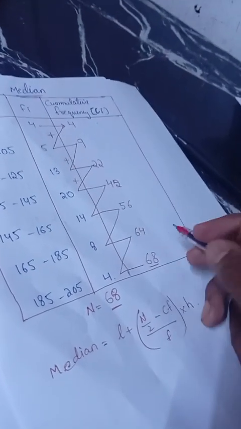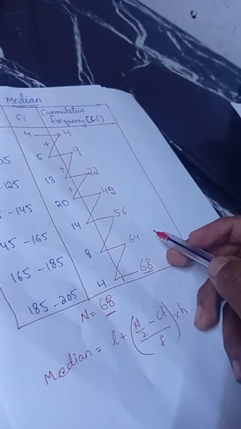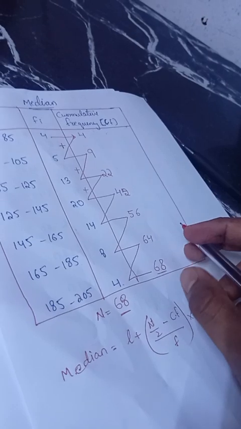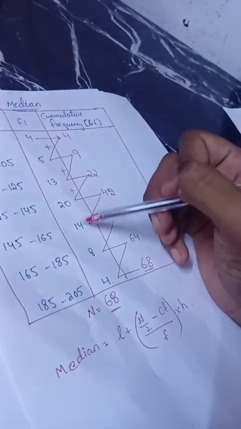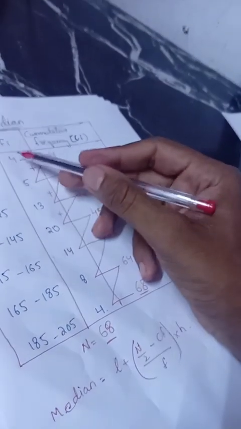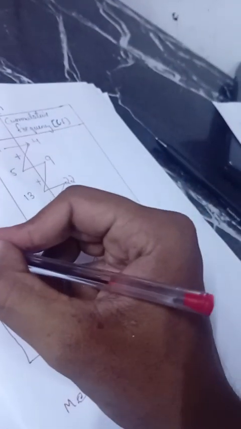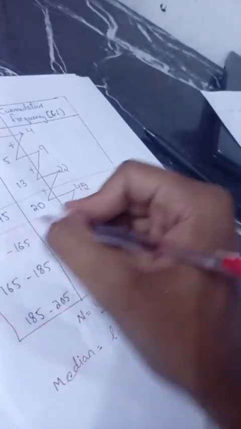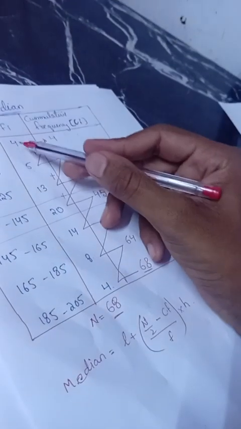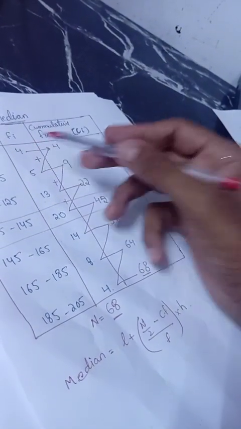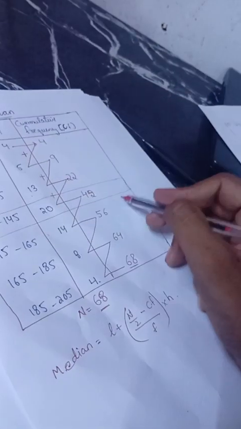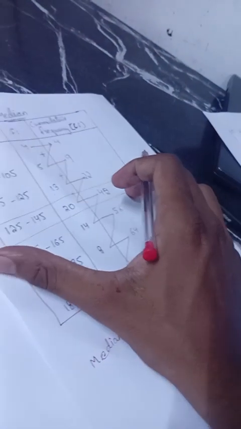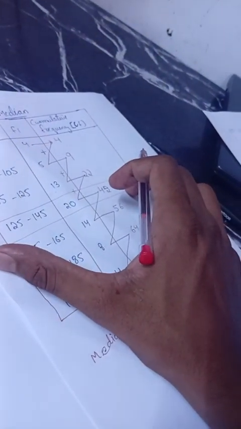So how to find Cf, L and f? It's very simple. Now you have 7 values, right? 1 2 3 4 5 6 7. So the middle value is this one. How is this the middle value? There are 3 above and 3 below, so you get this value in the middle. From this value you have to get all the values.